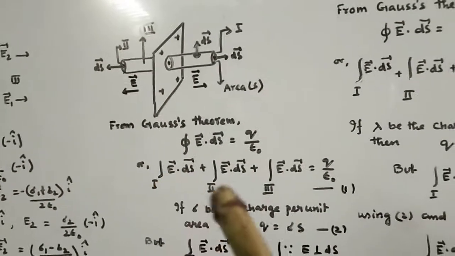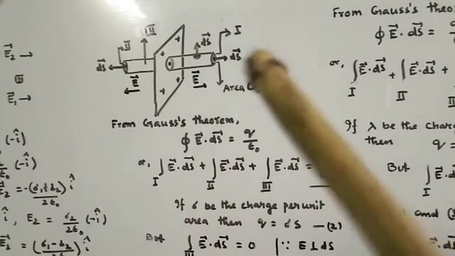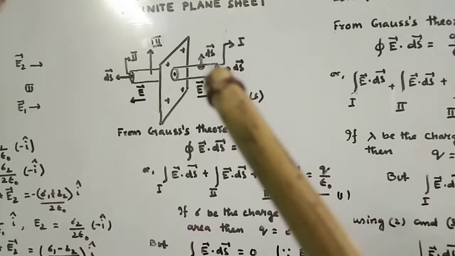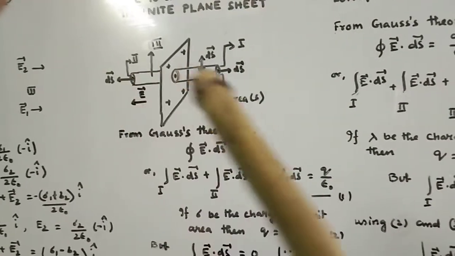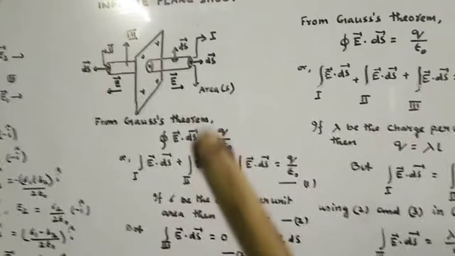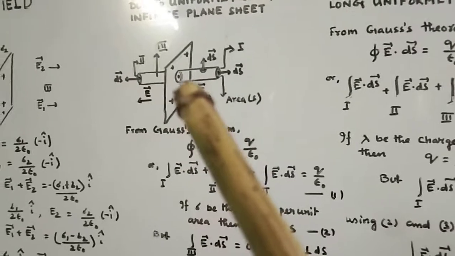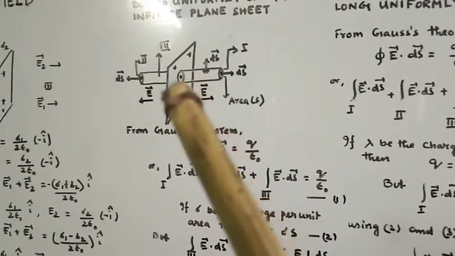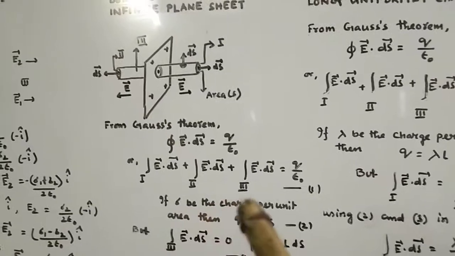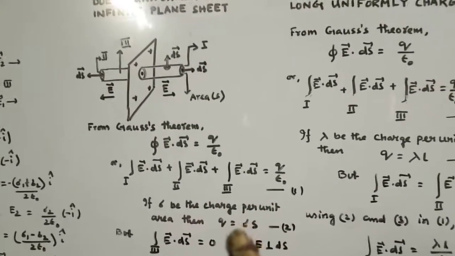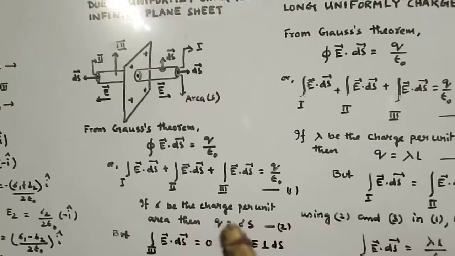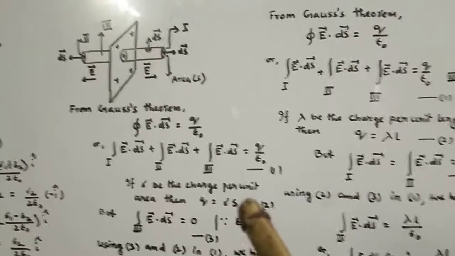So again we split up this closed integral: 1 this end, 2 this end, and third the curved one. The charge residing inside the Gaussian surface is nothing but the charge available in the small element of area S. So if sigma is the charge per unit area, then the charge inside the surface S is Q equal to sigma S.